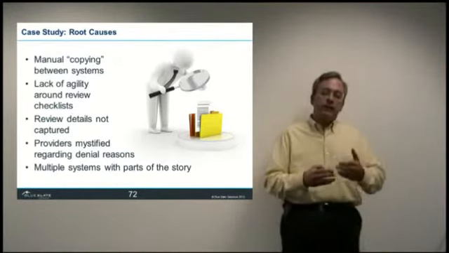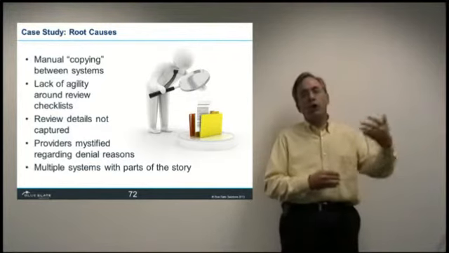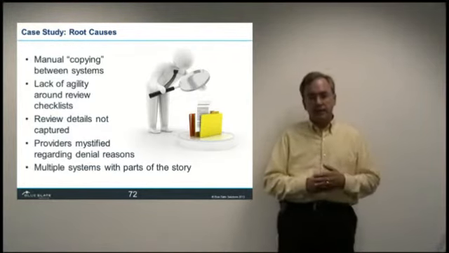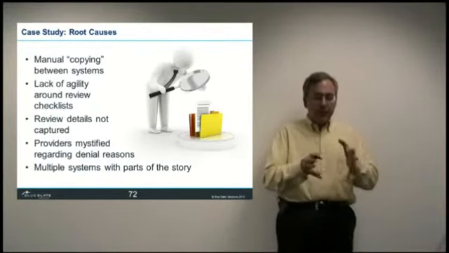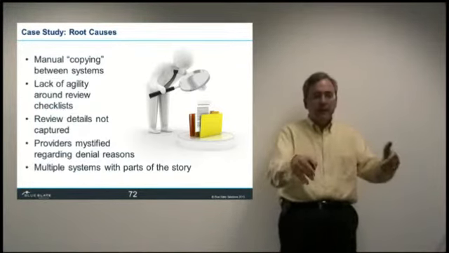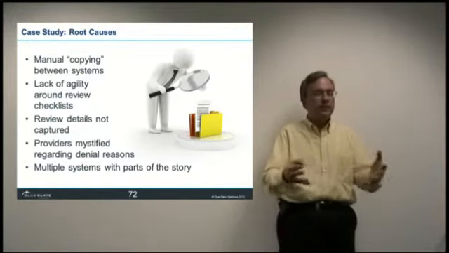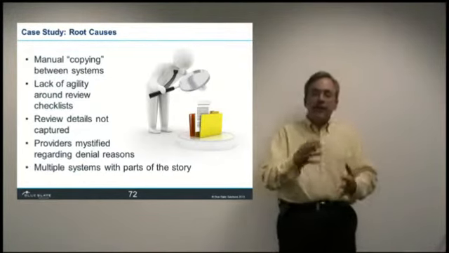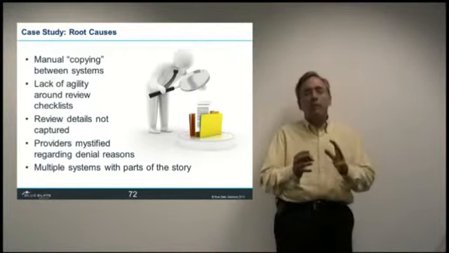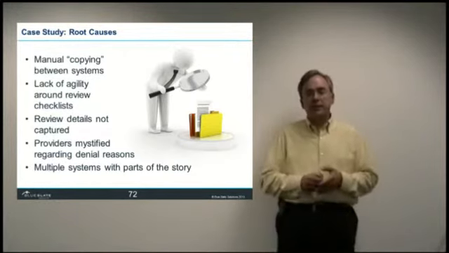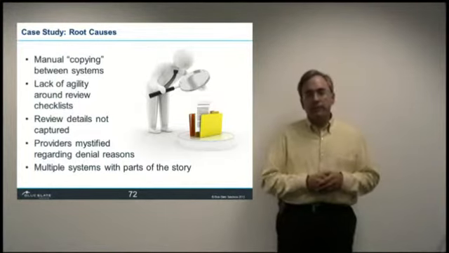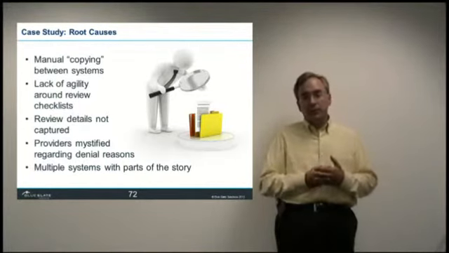And then different individuals would read that and have to go code those into a variety of systems, whether it's the claim payment system or the medical review system, etc. So now you had people interpreting this text and putting these definitions in these different systems. Well, those definitions didn't necessarily agree. So you had a problem with what we call manual copying. You were taking this information and putting it into each of those systems independently. So you didn't have a structured way to represent the edit definition itself. So that was number one.